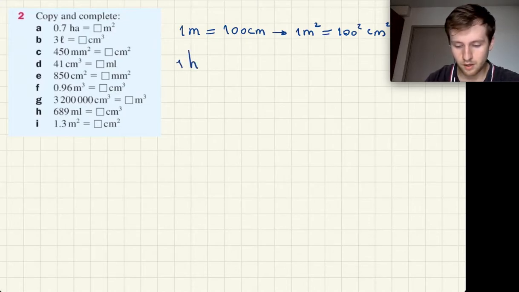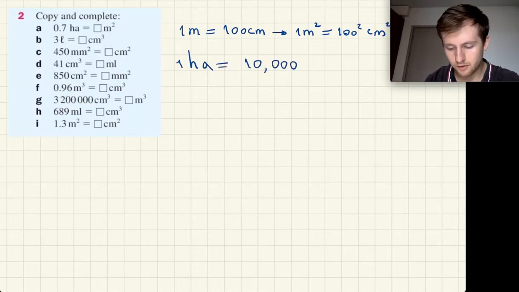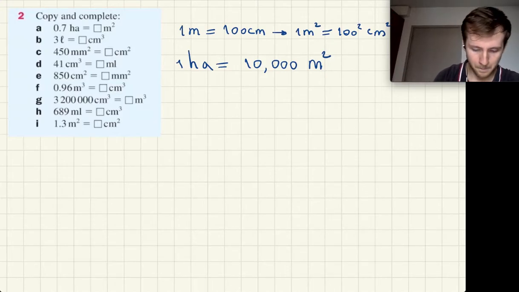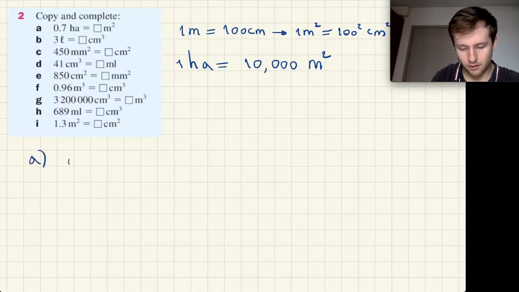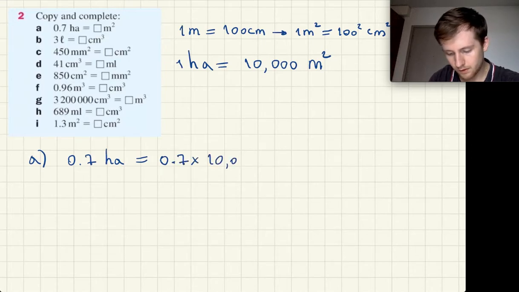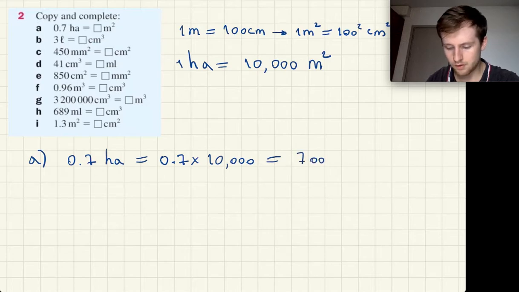So 1 hectare is equal to 10,000 meters squared. The rest of them you don't have to remember. I will show you why. So let's do A. We have 0.7 hectares equals 0.7 times 10,000. This would be equal to 7,000 meters squared.